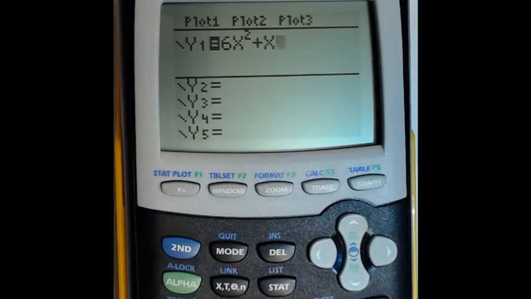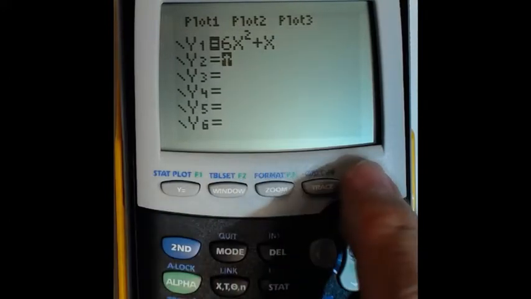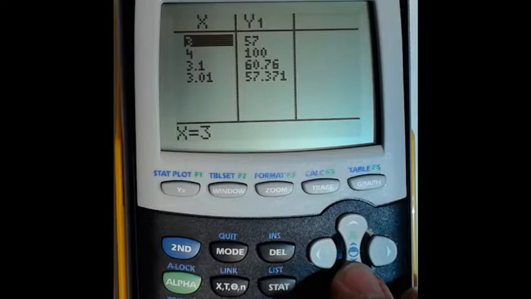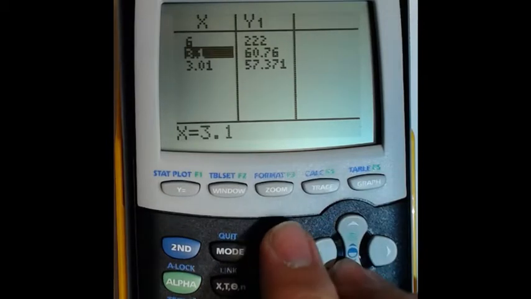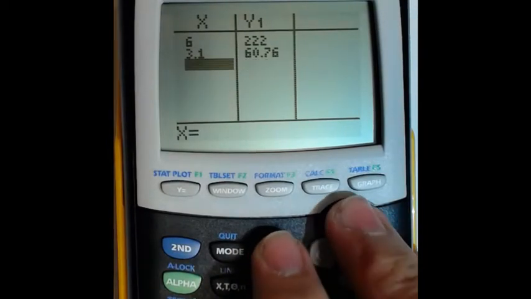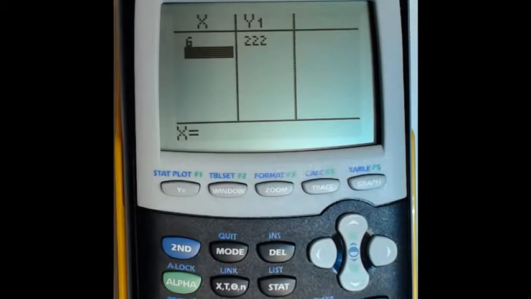Okay, so we put that in. We go to our table, and we've got it set up for ask. So if I just put in a 6, it's 222. Okay, so we'll just clear these out. I encourage you to get used to doing that. Put the function in y1, and then use your tables to find your values.